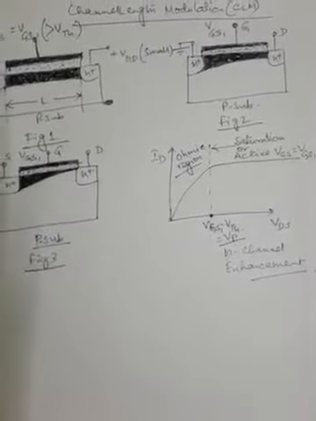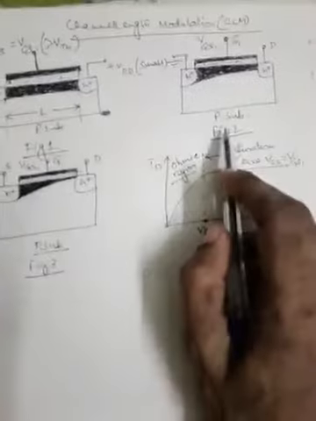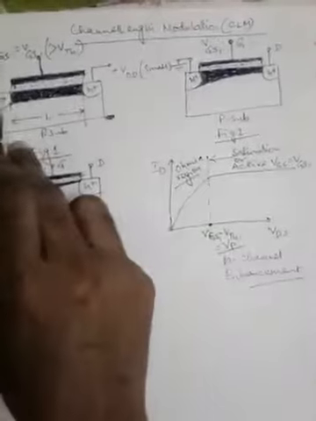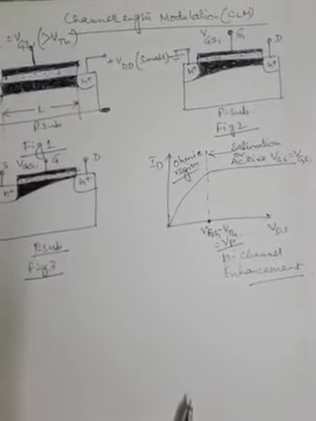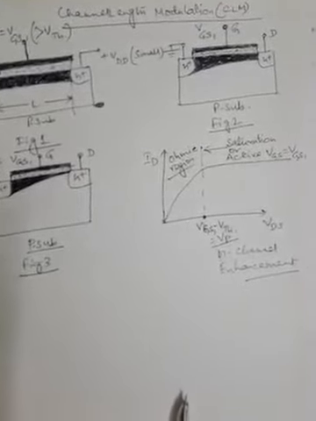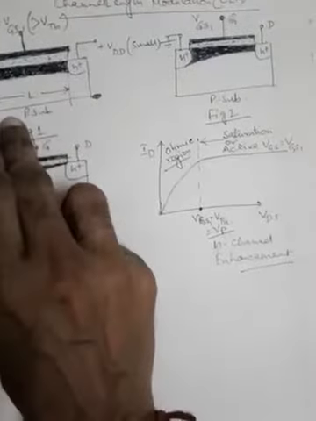Now let us move on to understand the phenomenon of channel length modulation. Let us see one important thing. For this N-channel enhancement MOSFET, the majority carriers are electrons, and they pass from source to drain terminal.